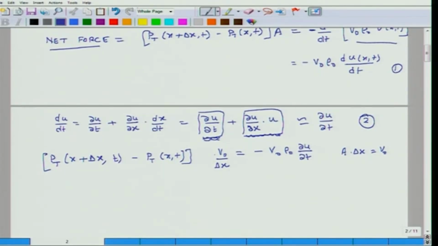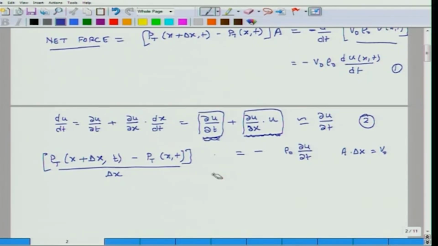And this V naught and this V naught can cancel each other. So, I am going to erase both of these, and I will move this thing to the denominator here. So, this is my modified equation.